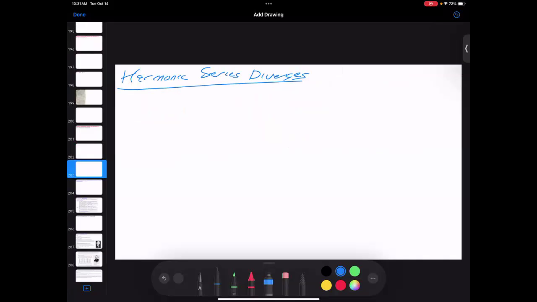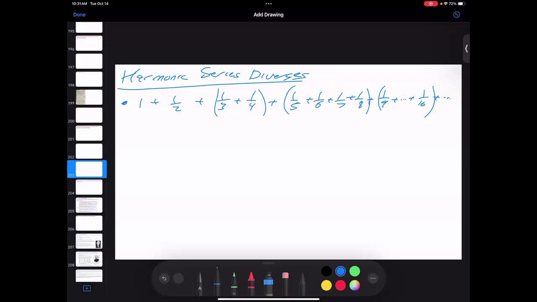There's a couple of proofs. Let's do a non-calculus one. We have 1 plus a half plus a third plus a fourth plus a fifth plus a sixth plus a seventh plus an eighth plus a ninth, all the way up to a 16th, plus dot dot dot. So this is proof by grouping. One third and 1/4: you agree that each of these is at least 1/4.